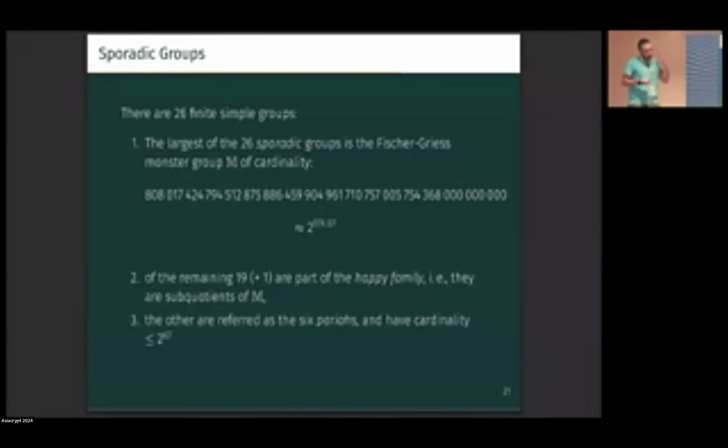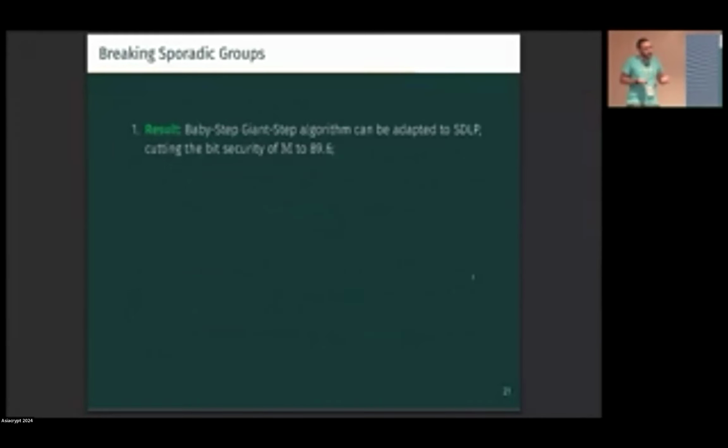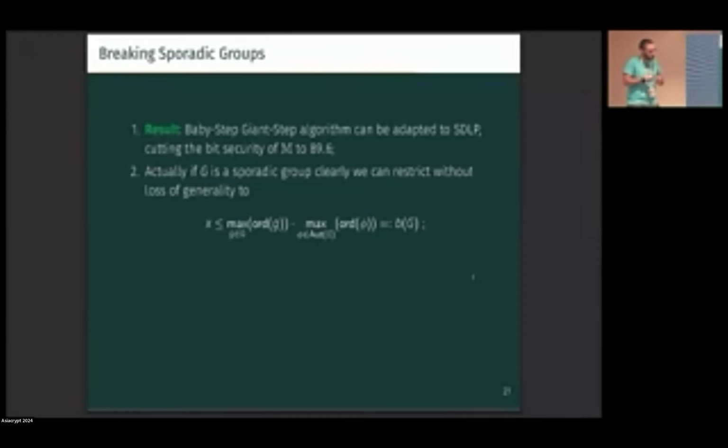However, even if this cardinality would be okay for cryptography, first of all, we can generalize the baby step giant step algorithm and solve it in square root of time. But also, if we look closer at the baby step giant step parameters, we see that essentially the limit is much smaller, because we can limit ourselves, as a complexity, to the product of the maximal order of groups and automorphisms.